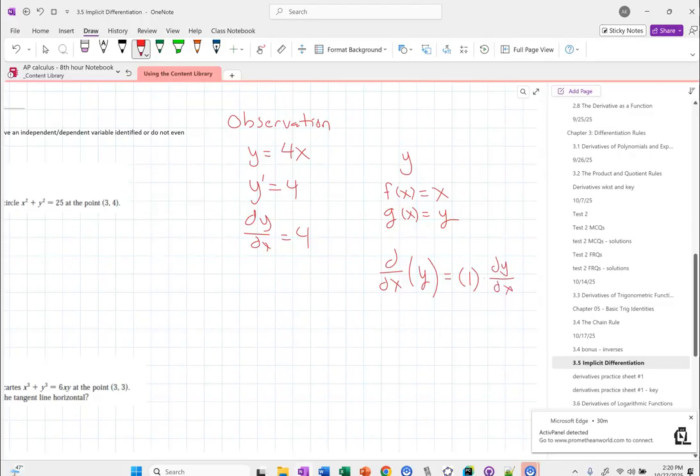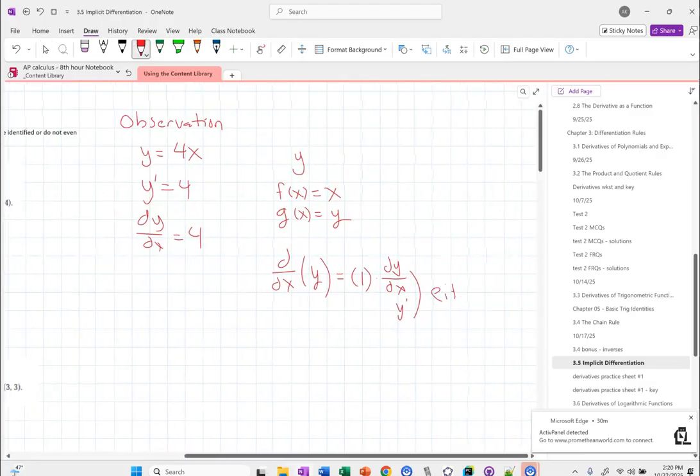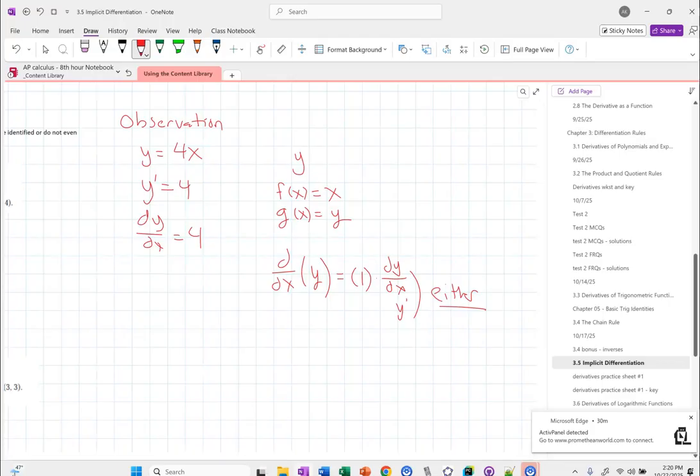The derivative of y, we can write as dy/dx, or y prime, either is okay. Me personally, I'm going to write dy/dx, because the primes are easy for me to miss. They look like to the power of 1 sometimes. It's easy for them to get lost in the shuffle, but it's fine to do that.